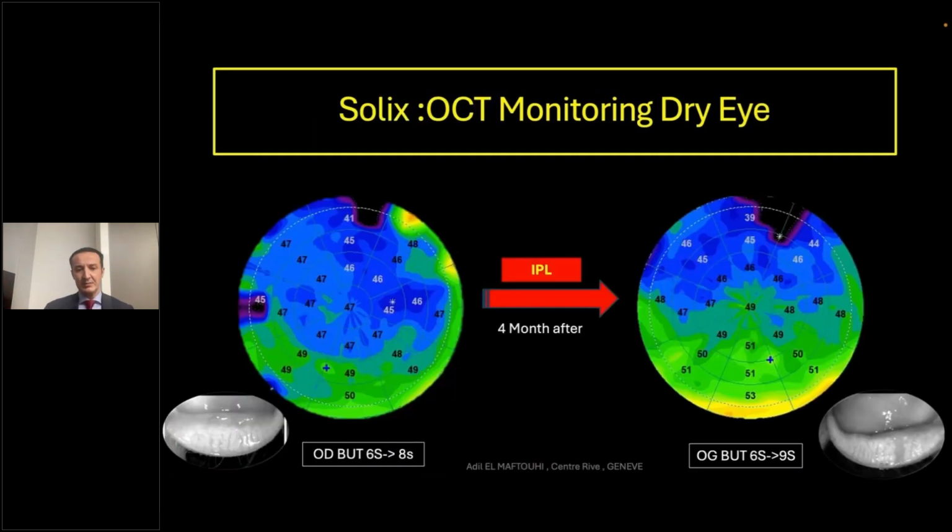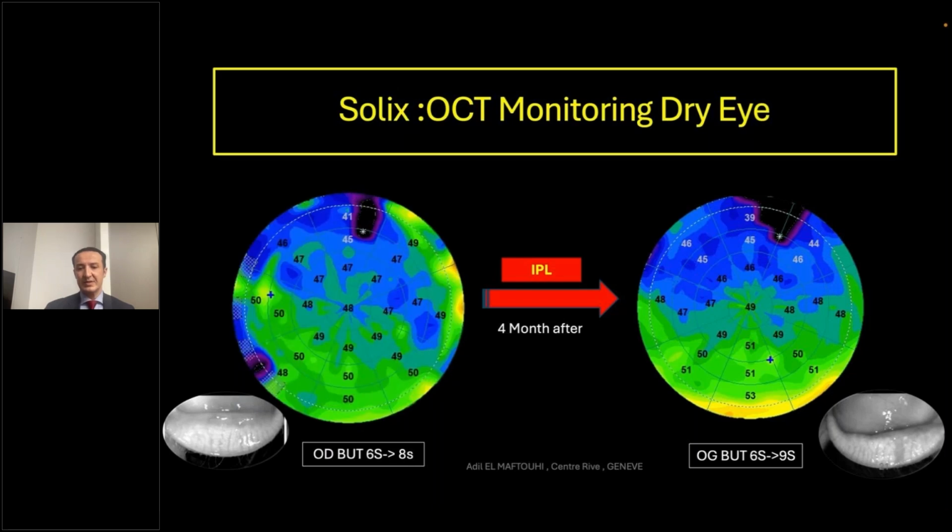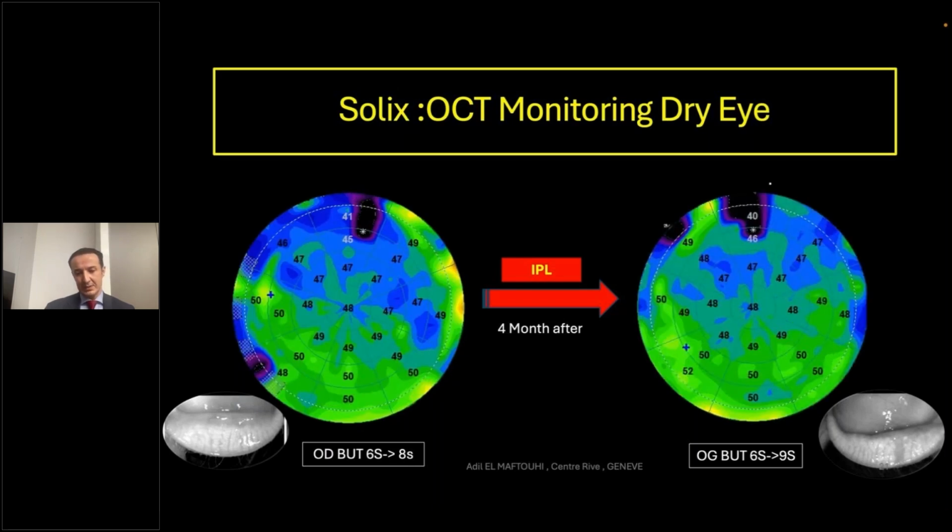Another case before and after IPL with the increase of the breakup time. And look, this is before, and 4 months after, we observe an improvement of the epithelium shape.